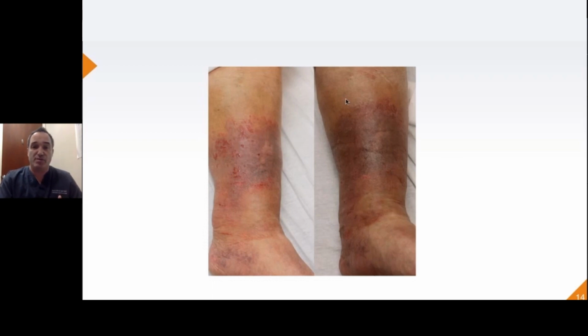And then after treatment, you can see how, again, although the skin isn't perfect, all this weeping and the various ulcerations have healed up. Again, these are people who are really desperate for help, and when you can help them, and we can help them, it is very, very rewarding, and the patients are thrilled with the outcome.